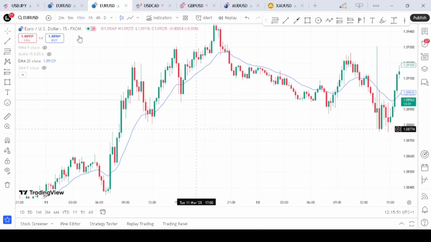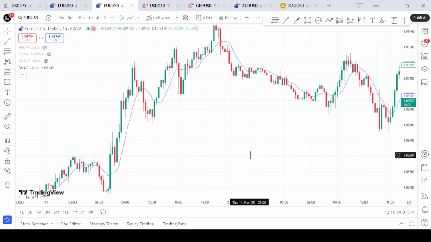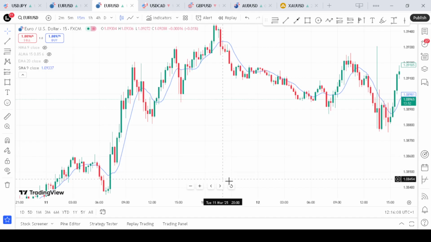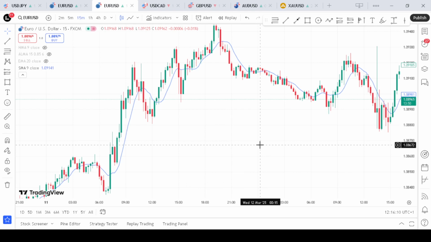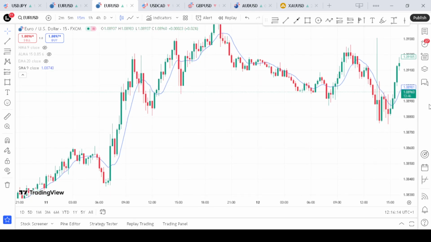Now let's understand the simple moving average. The simple moving average is a fundamental technical indicator that calculates the average price of an asset over a specific period. It's widely used by traders to identify trends and potential support and resistance levels.